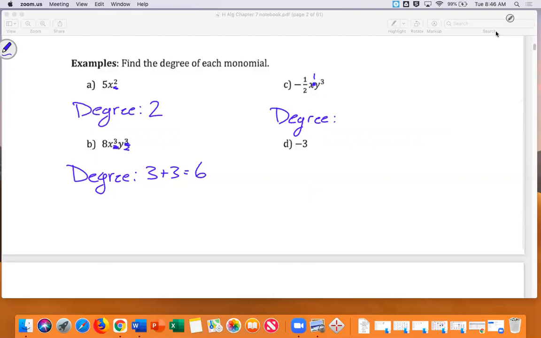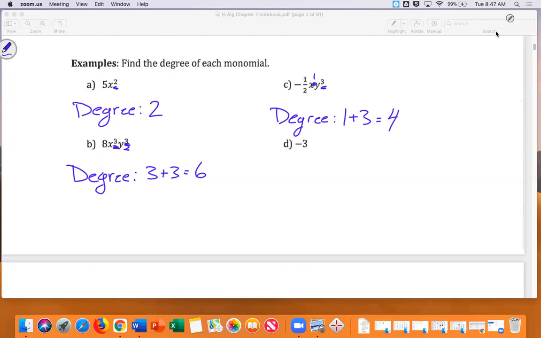So we do 1 plus 3. 4. Okay? So we have a 3 and then we have that 1, right? So we can't forget about that 1. It's the 1 above the X. It's understood to be there. Okay? So we got that 3, but then you also have that 1.